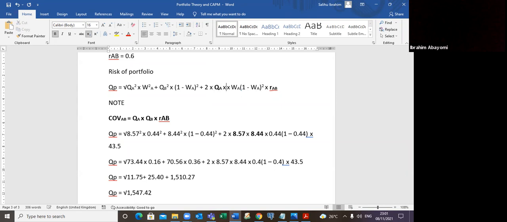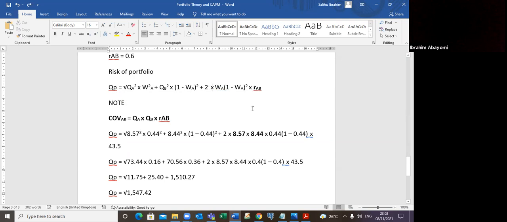Let me remove this. If I did not put this one initially, I have 2 times weight of A, weight of B, and it could have been covariance AB, because there is no standard deviation here.